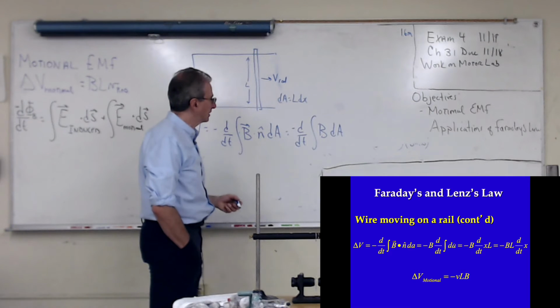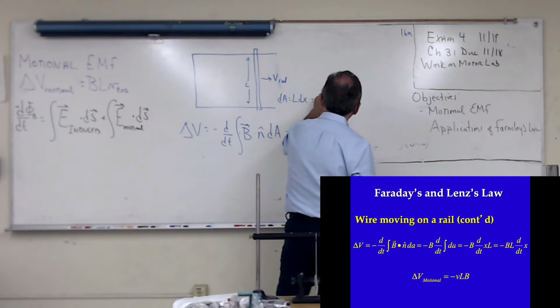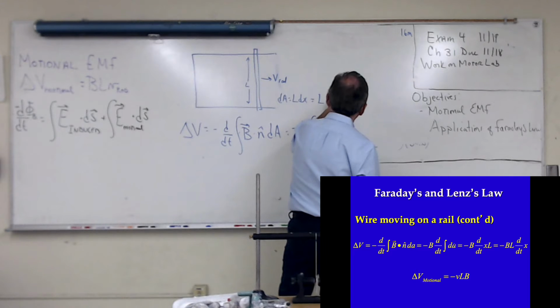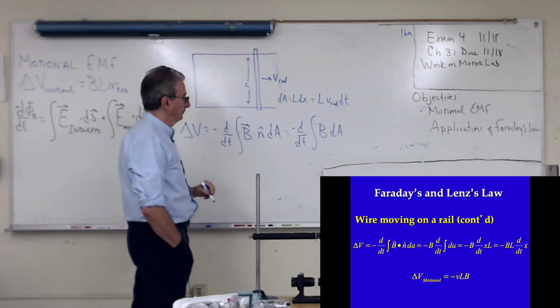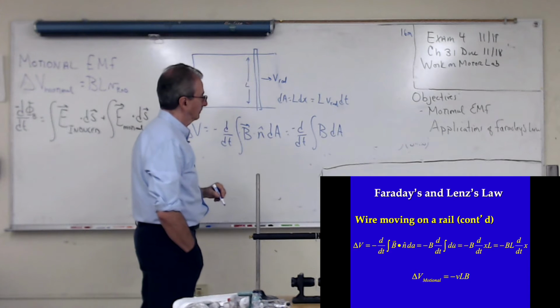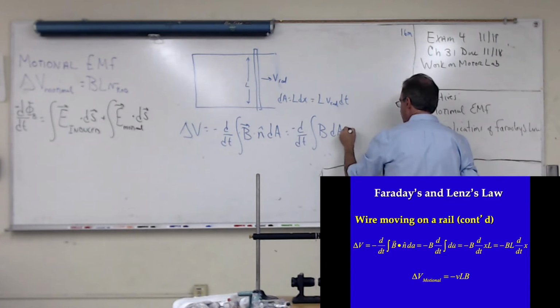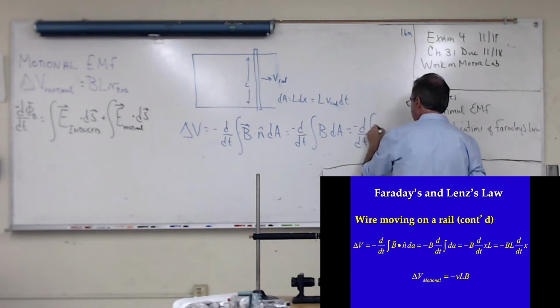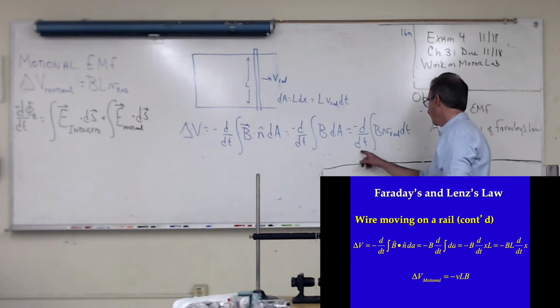But isn't dx via the rod dt? And the answer is yes. And so this is equal to minus d over dt times the integral of B v rod dt. So what's the derivative of the integral?